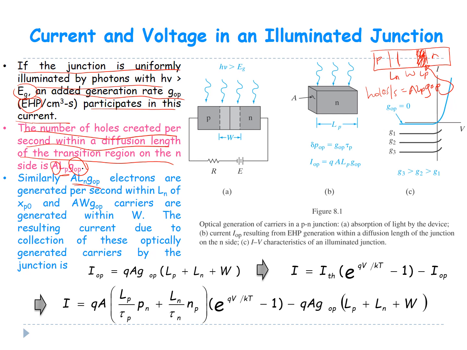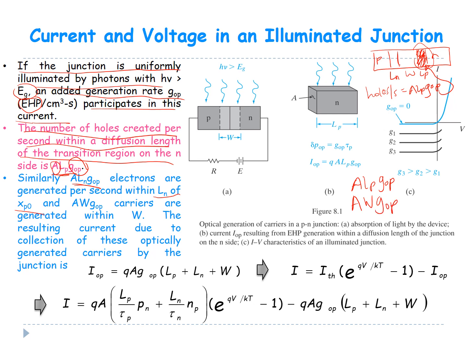So similarly, A Ln GOP electrons are created per second within Ln of xpo, and A W GOP carriers are generated within W. So if here we create A Lp GOP, you can see that in the depletion region we also create A W GOP.